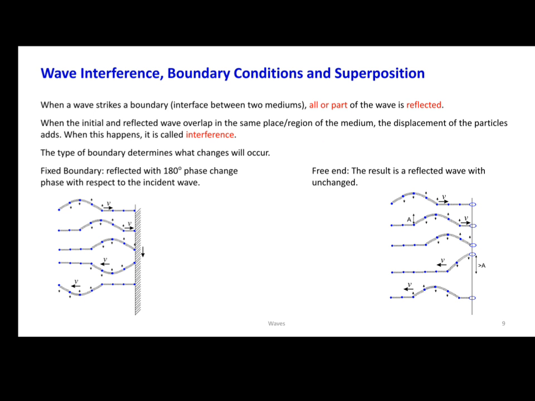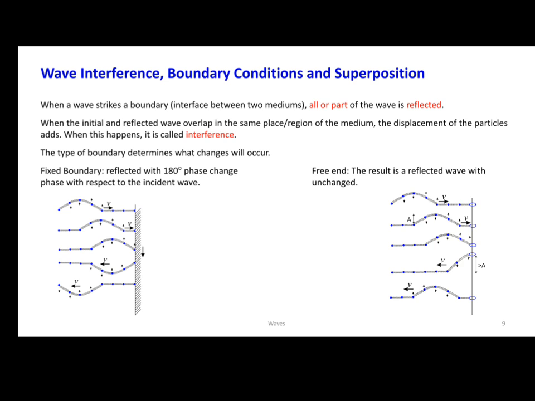Now, with waves, when they strike a boundary, all or part of the wave is reflected and some of it is transmitted. Now, if it's a fixed boundary, in other words, a hard boundary, when the wave reflects, it comes off with a 180-degree phase change.